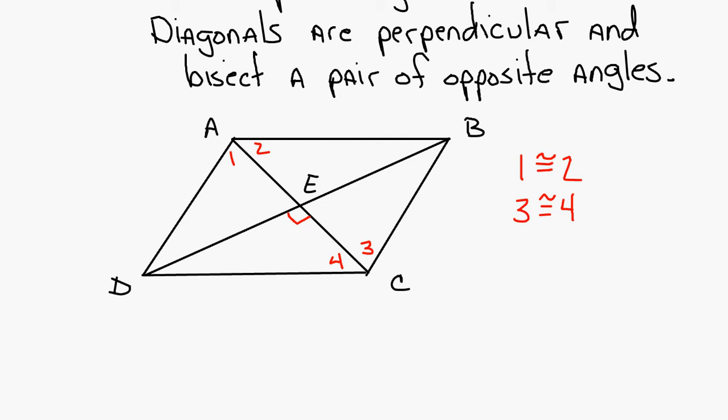So that piece is congruent to that piece. Same thing up here. Those are congruent to each other. The other diagonal does the same thing. So if we call this angle 5, 6, 7, and 8, then 5 is going to be congruent to 6, and 7 is going to be congruent to 8. So these angles are congruent to each other.